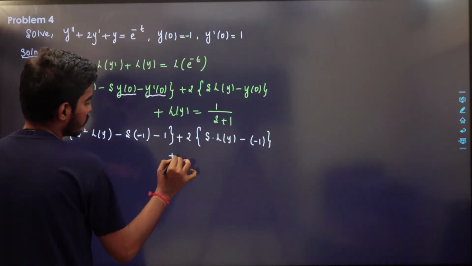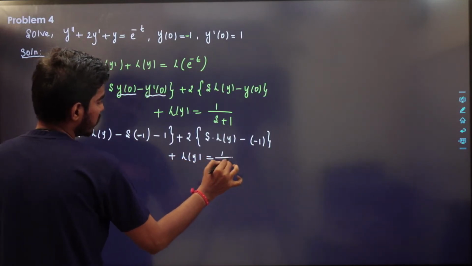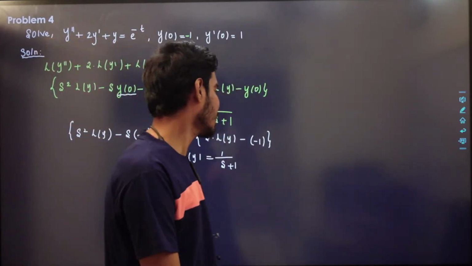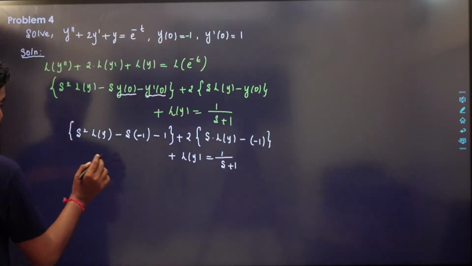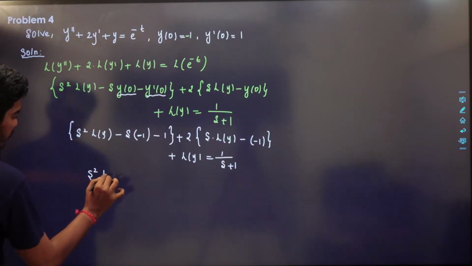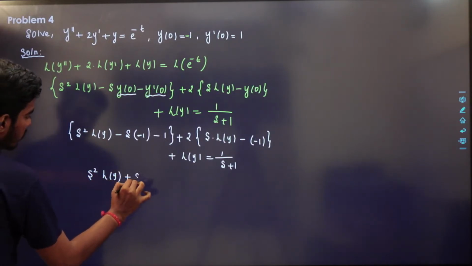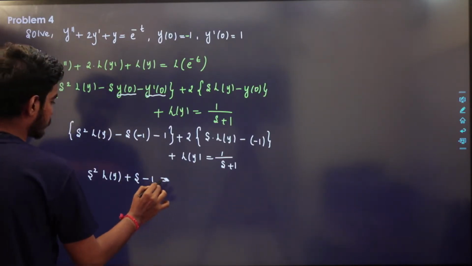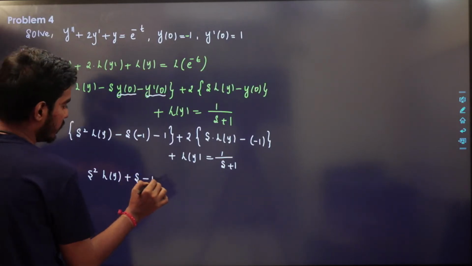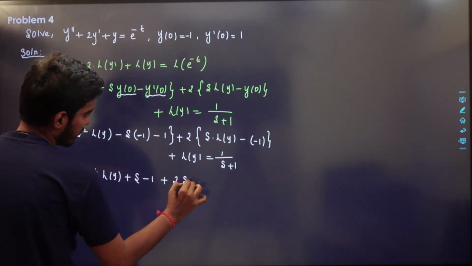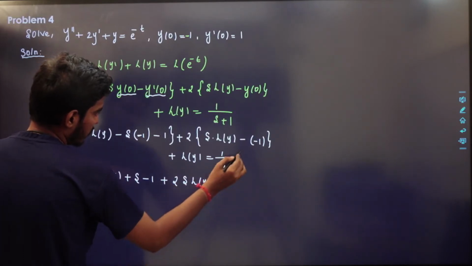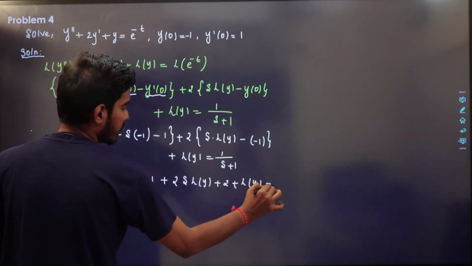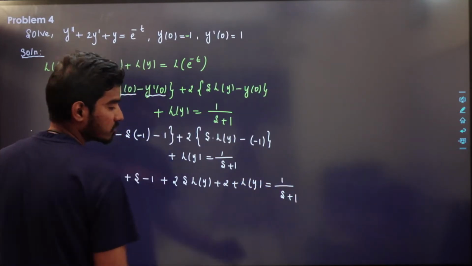And here we have L of y is equal to 1 by s plus 1, right? Okay. So we will simplify this. So we have s square L of y plus s minus 1, plus 2 times s into L of y plus 2, plus L of y is equal to 1 by s plus 1, right?